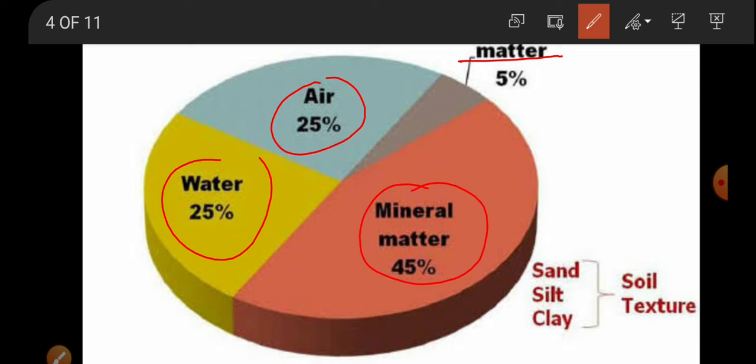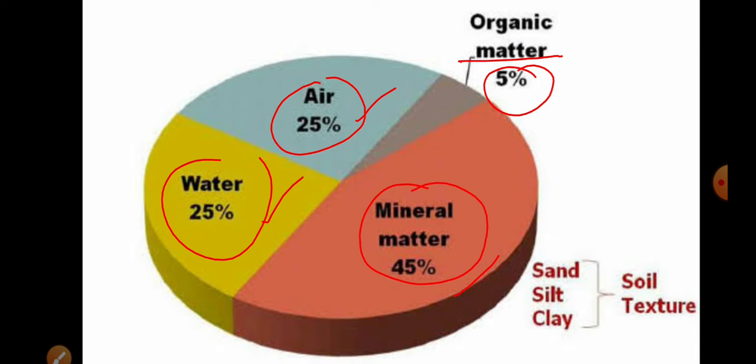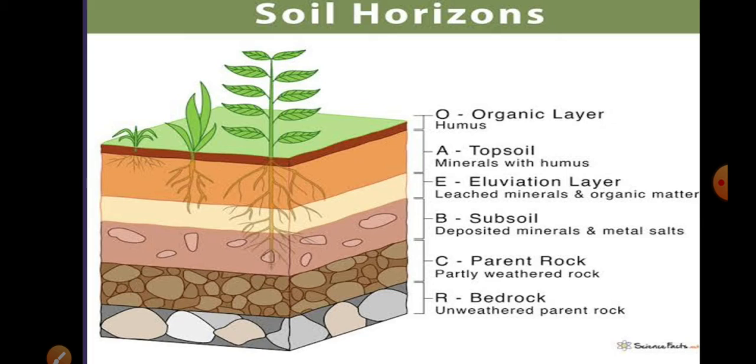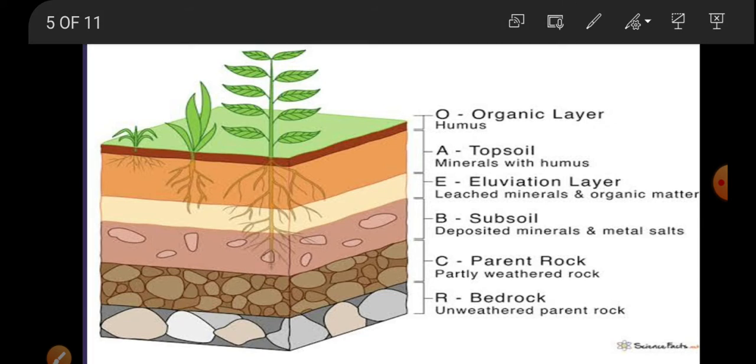So this is the composition of soil, where the content of air is 25%, water is also 25%, inorganic mineral matter occupies 45%, and the remaining 5% is organic matter.